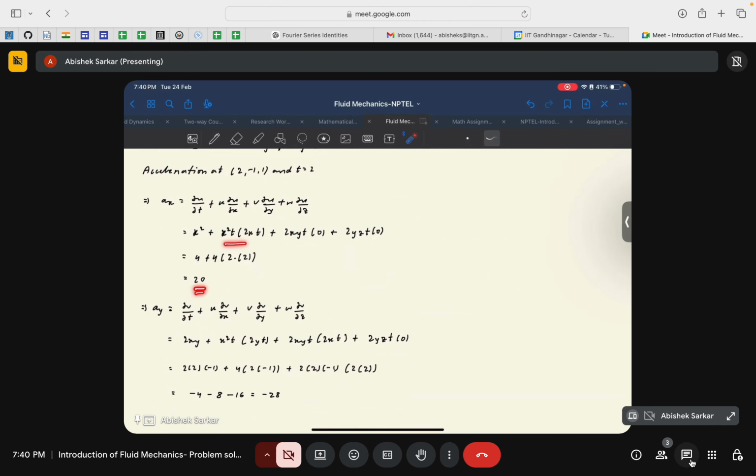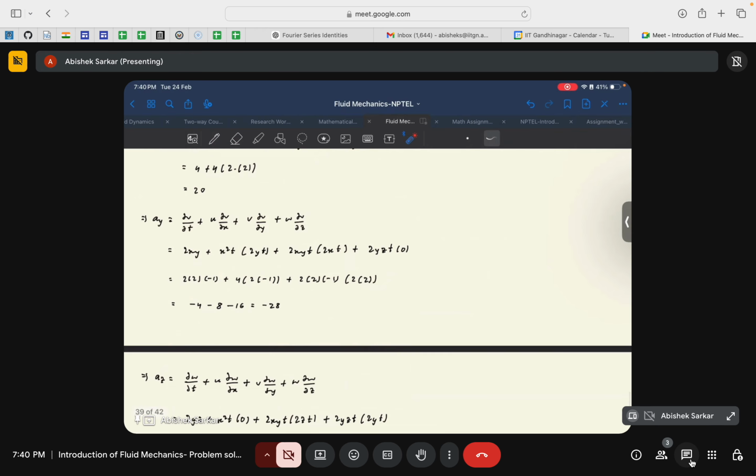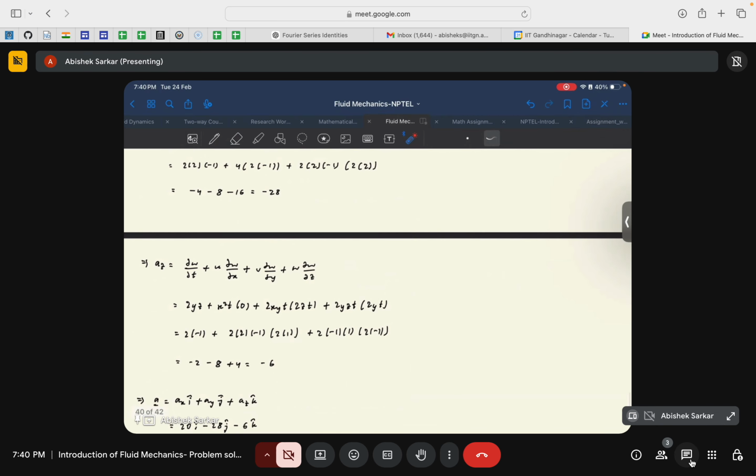Look into the calculations and let me know if there's any mistake. ay would be similar: carry forward the derivatives and multiply with the respective velocity components. You will get ay as minus 28, and az will similarly turn out to be minus 6.